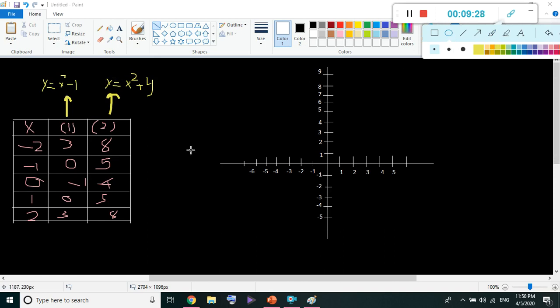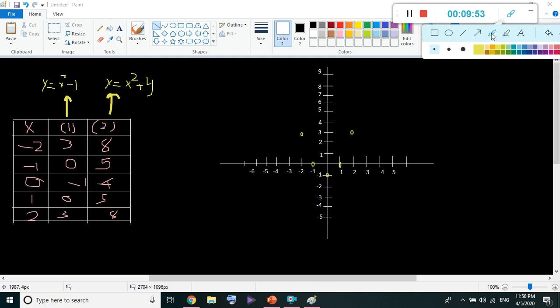Okay, so now let's graph them. When we have x equals -2, y equals 3, so it's somehow over here. -1, 0, so it's going to be here. 0, -1, so it's going to be over here. 1, 0, again, it's going to be over here. And 2 will give me 3.